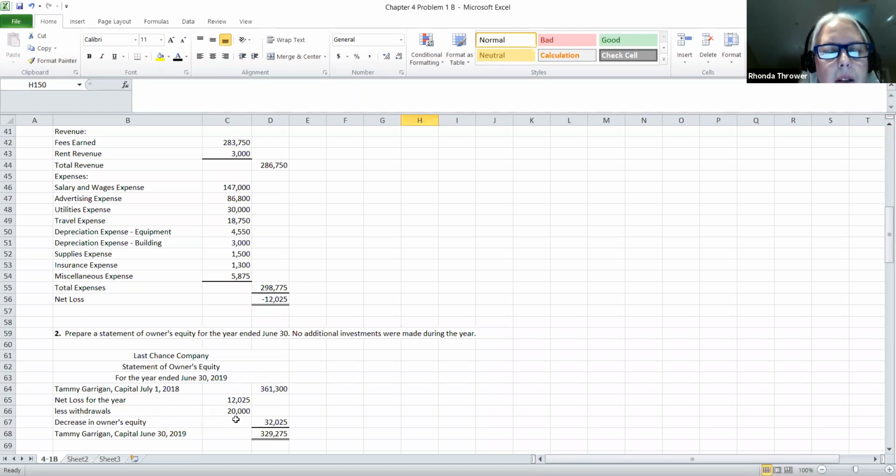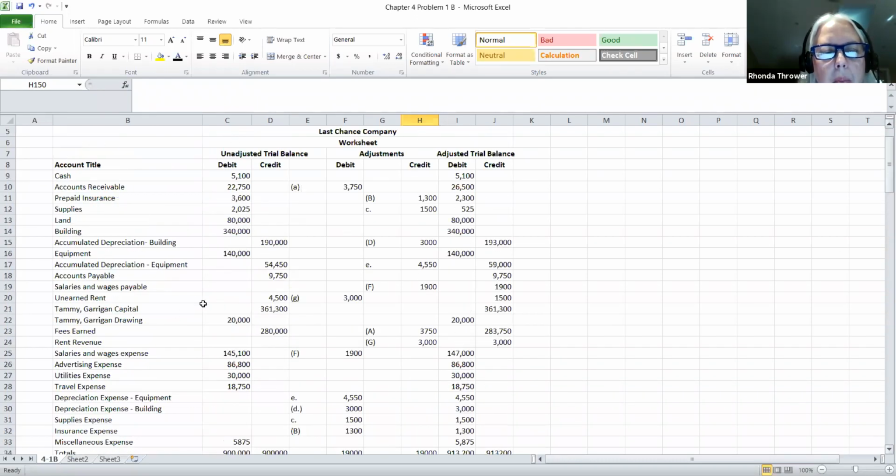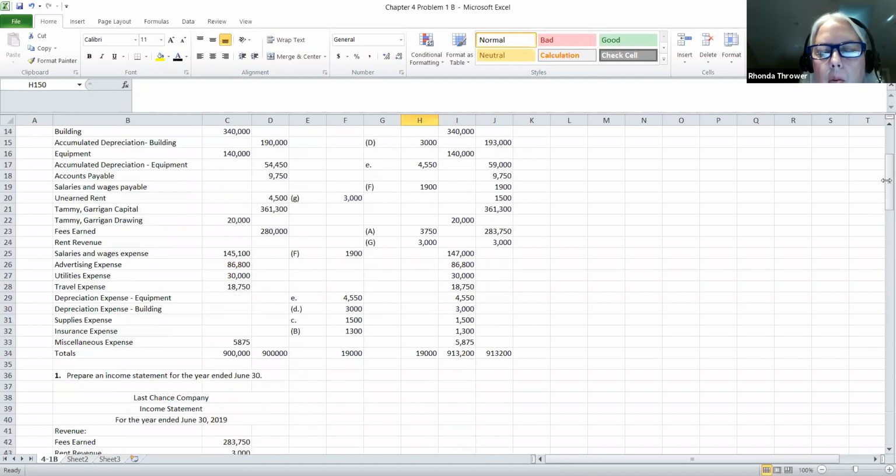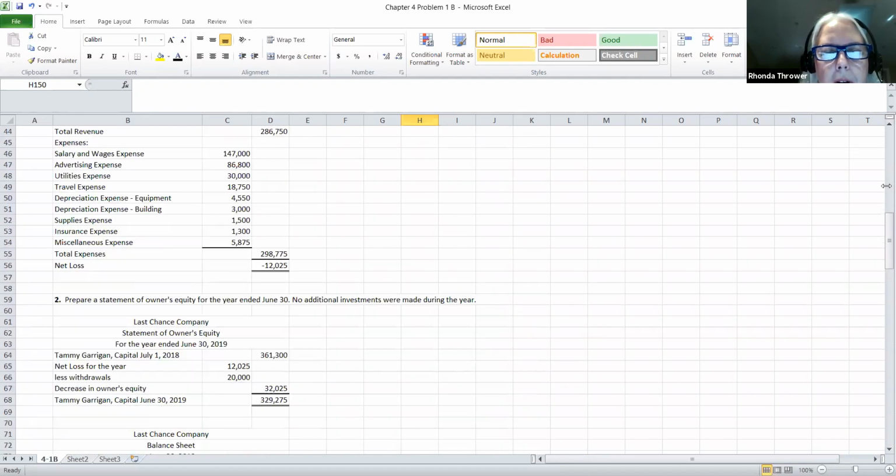The withdrawal amount is $20,000, and this $20,000 comes from the adjusted trial balance from up above. Here's your drawing account. This $20,000 adjusted trial balance amount is what we use to prepare the statement of owner's equity withdrawals that would go here.